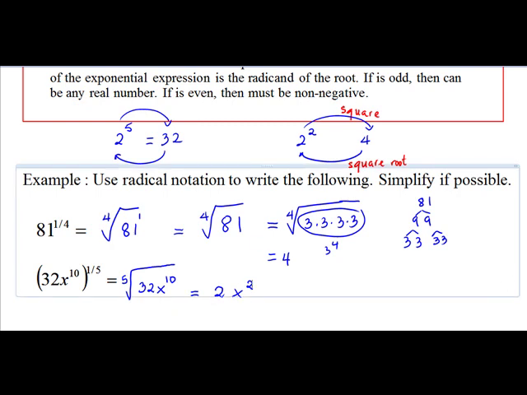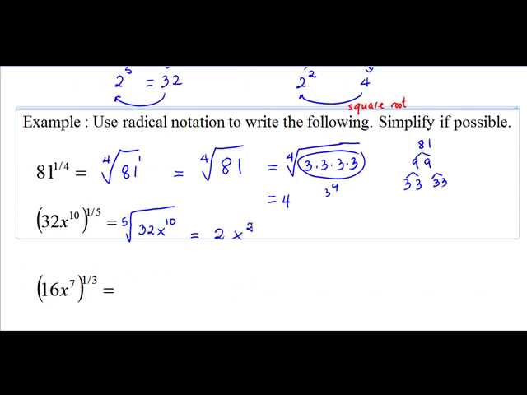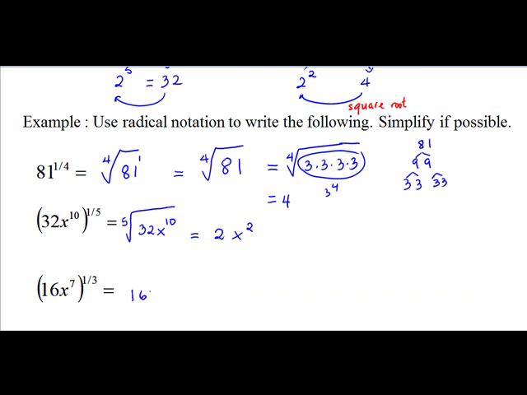The answer. Next one. So here we will write 16 x to the 7 under the cube root. Now 16 is 8 times 2. 8 is 2 times 2 times 2.